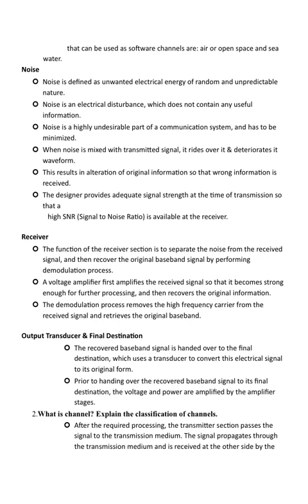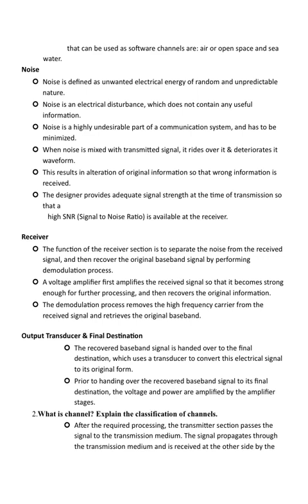Output transducer and final destination. The recovered baseband signal is handed over to the final destination, which uses a transducer to convert this electrical signal to its original form. Prior to handing over the recovered baseband signal to its final destination, the voltage and the power are amplified by the amplifier stage.